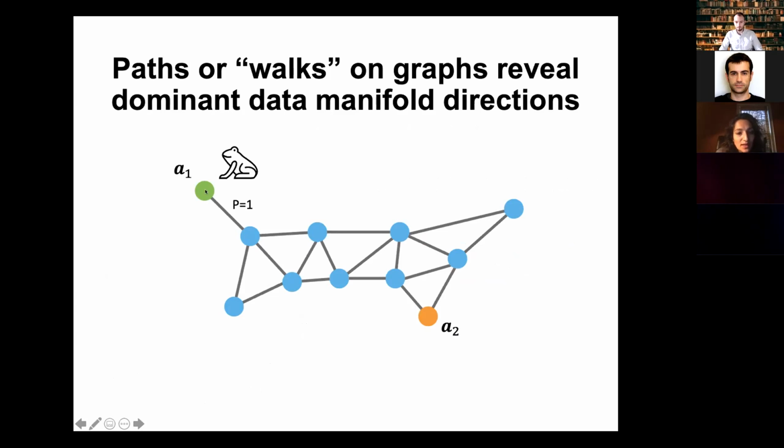So from this point, you're going to go to this point or stay itself, but we're suppressing the staying probability, so you're going to another point. From that point, where could you go? Maybe these 4 points are equidistant, so you could go back, but more likely you'll go in this direction. Then if you randomly pick this point to go to, you could go in these directions. Eventually there will be a high probability of going here, maybe a lower probability in 4 steps, a higher probability in 5 steps. So you're inducing global connectivity.